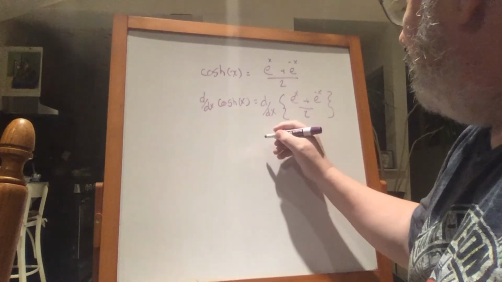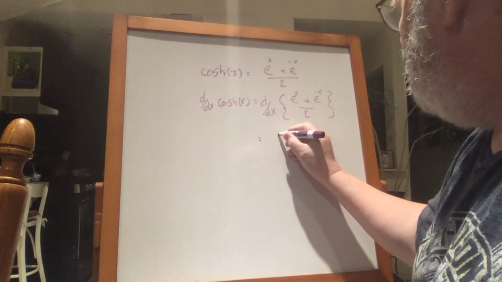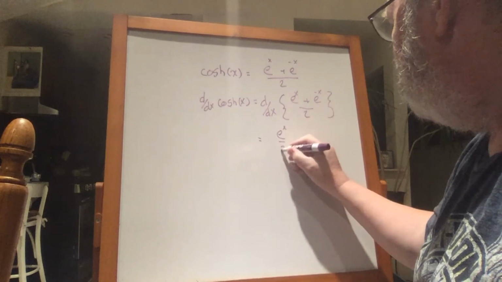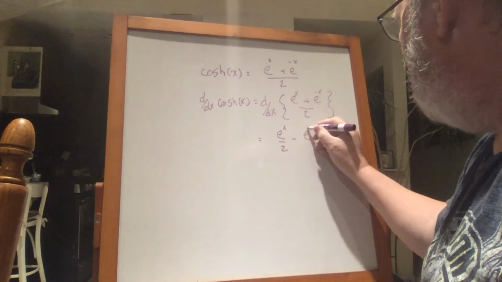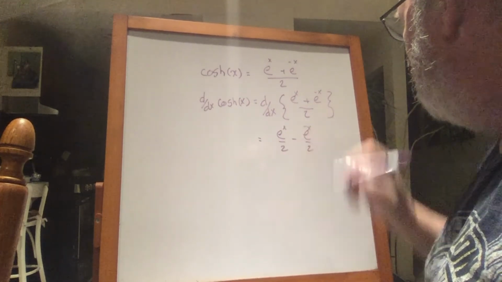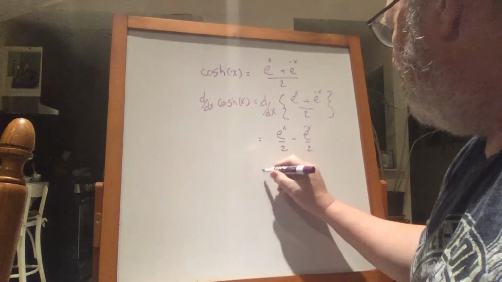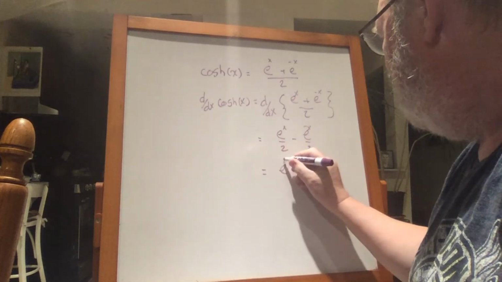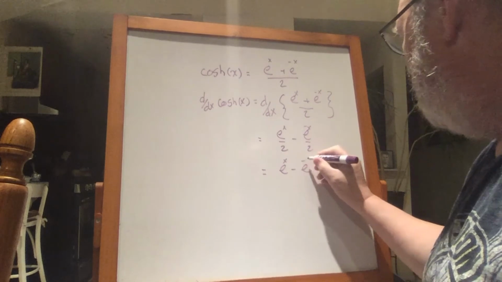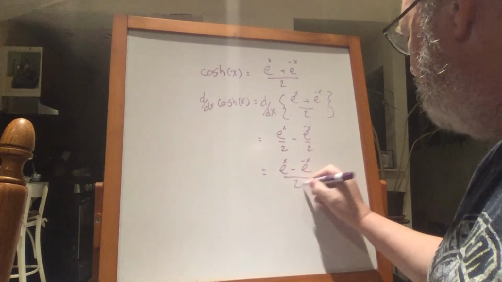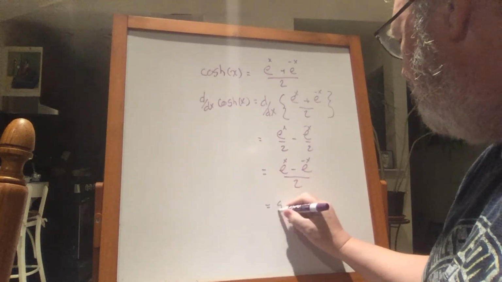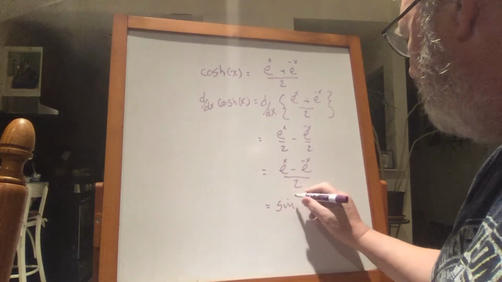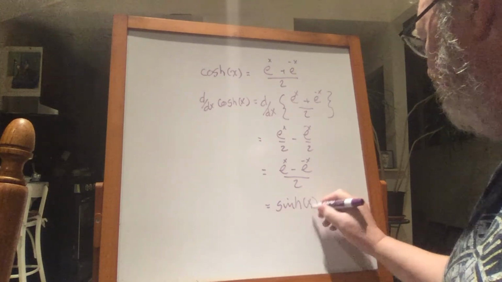And that's equal to e to the x over 2 minus e to the minus x over 2. We put it all over 2, and that's equal to the sinh of x.